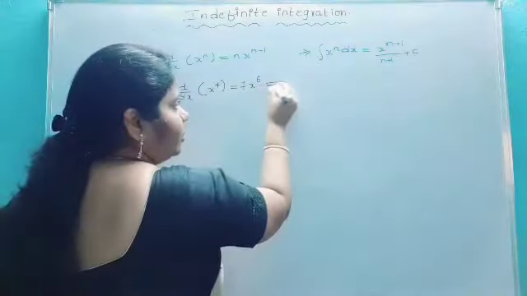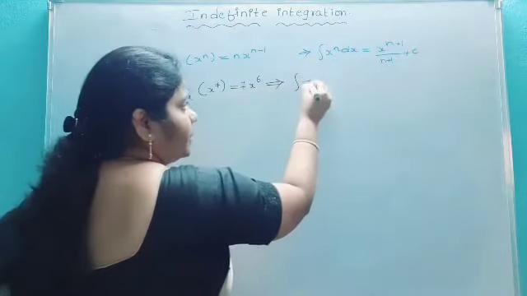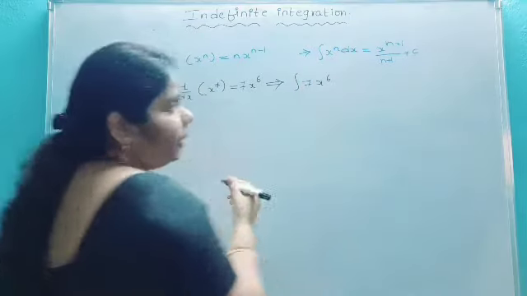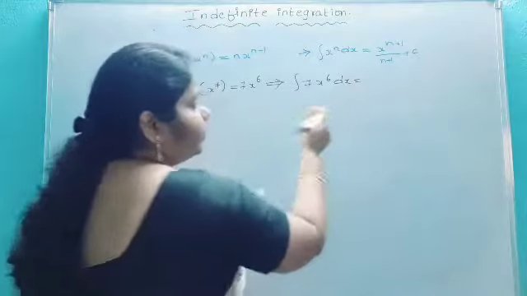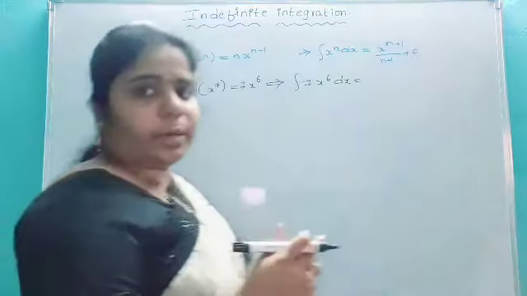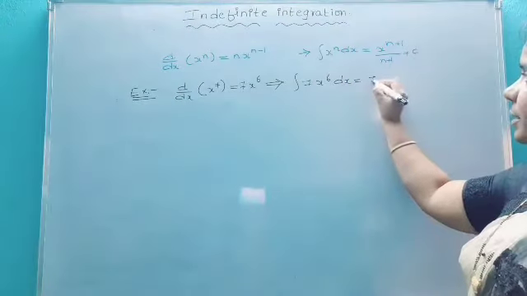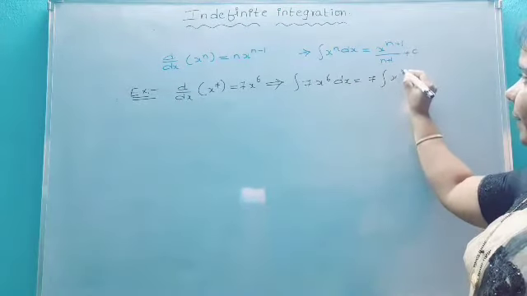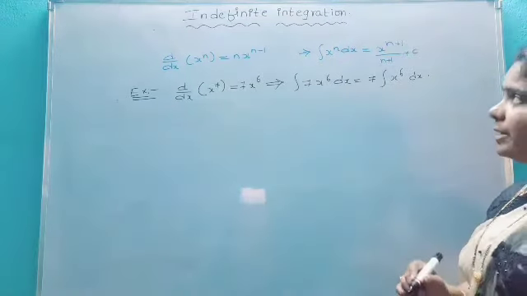Let's check whether it comes or not. Apply the integration to 7 into x power 6 dx. Here 7 is a constant, so take that constant out: 7 into integral of x power 6 dx.